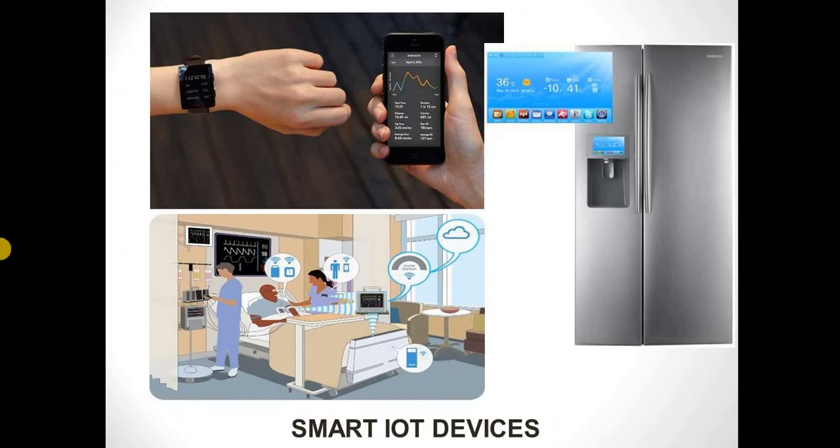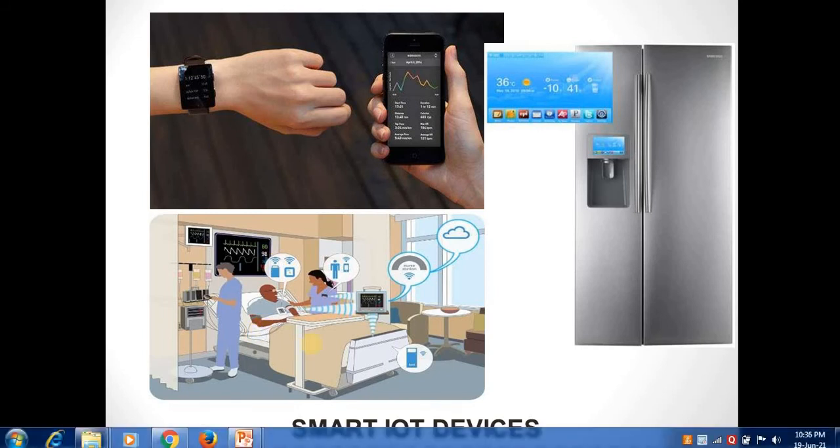Let's see some more examples of smart IoT devices. Let's see first one, patient health monitoring system. IoT patient monitoring has three sensors. The first one is temperature sensor, second is heartbeat sensor, and third is humidity sensor.